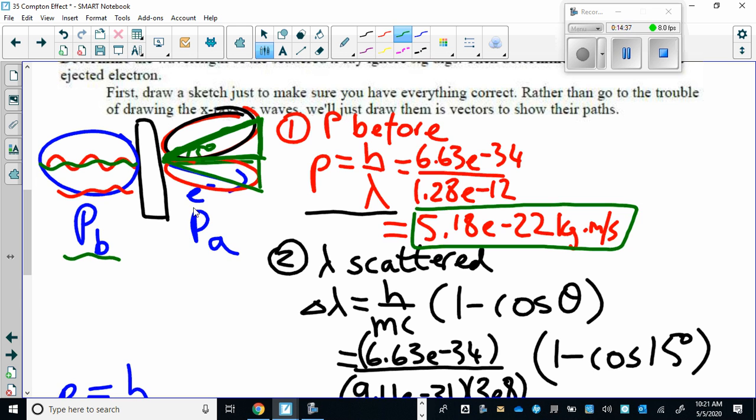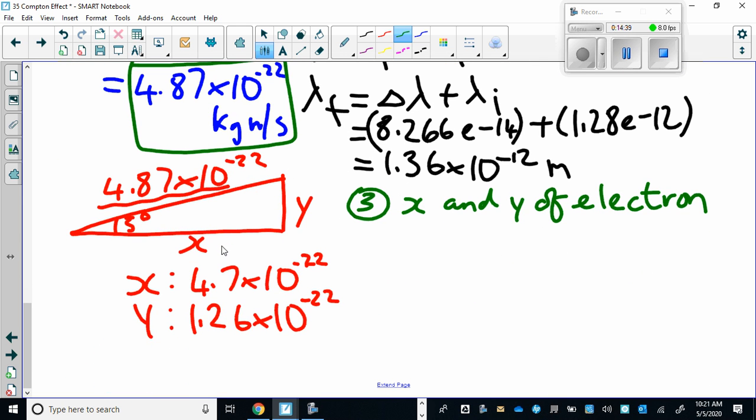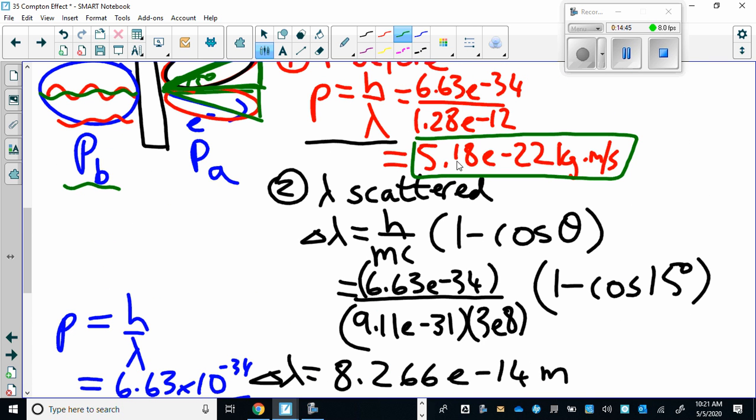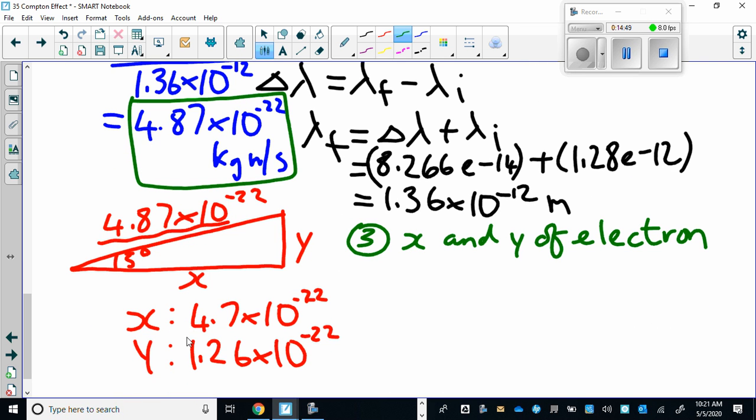And if initially it had a momentum of 5.18 times 10 to the negative 22, and the scattered ray now has a horizontal momentum of 4.7 times 10 to the negative 22, then the X component of the electron must be what's remaining.